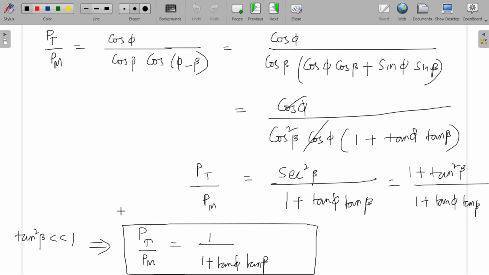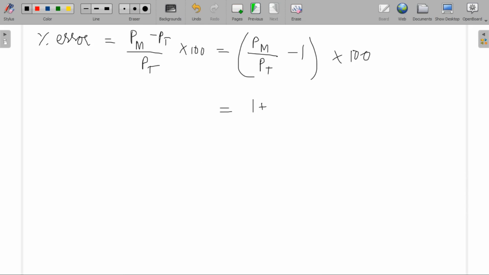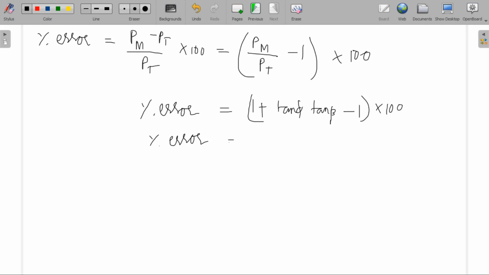You have the ratio of PT to PM, so the ratio of PM to PT will be 1 plus tan phi tan beta. So this is 1 plus tan phi tan beta minus 1 into 100. Percentage error is equal to tan phi tan beta into 100. This is the percentage error.